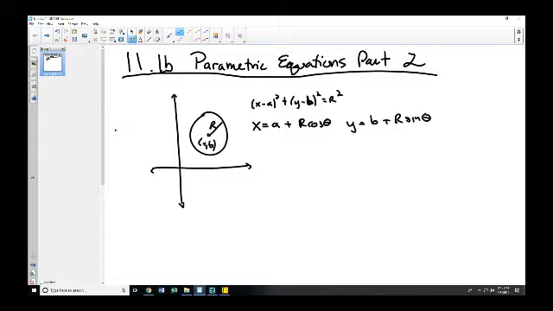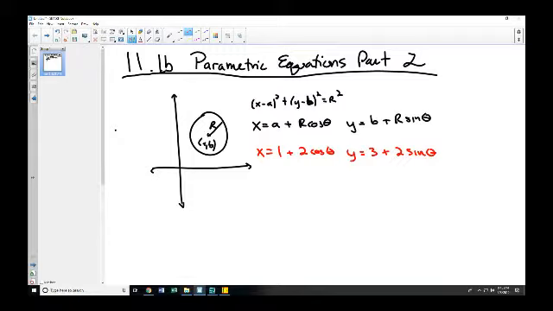Is that enough? You want me to draw one or write one out or what? Draw one. So, let's go with x equals 1 plus 2 cosine theta and y equals 3 plus 2 sine theta.